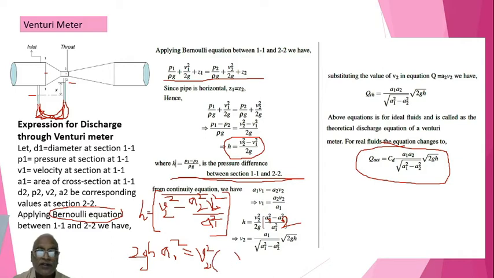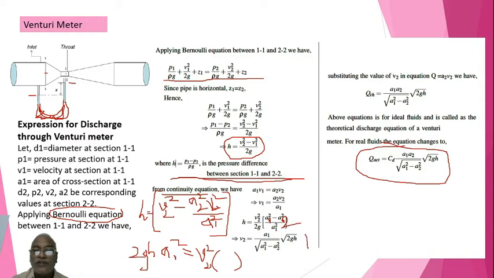That bracket is there. Now from this, if you want to write a V2 expression, obviously you have to take the root. That's why V2 becomes A1 root 2gH, and this bracket will be under root A1 squared minus A2 squared.